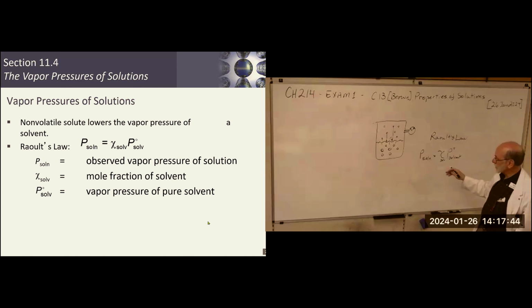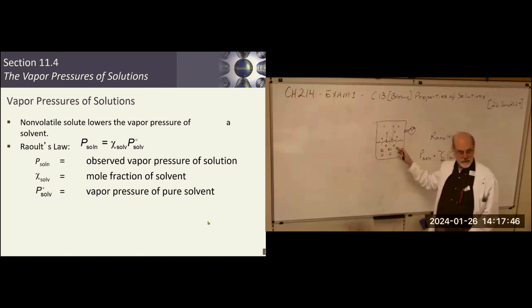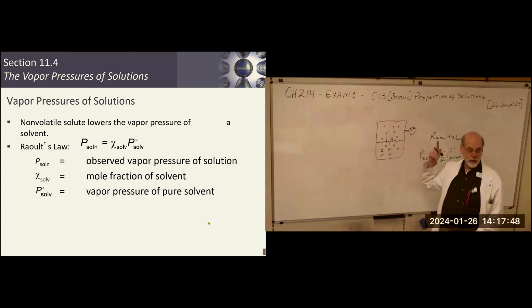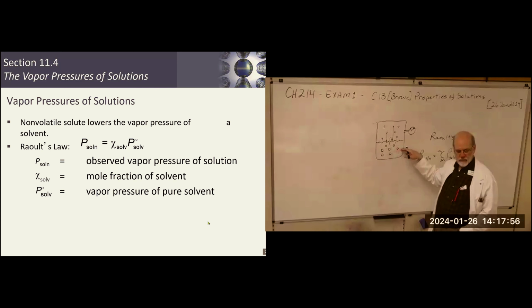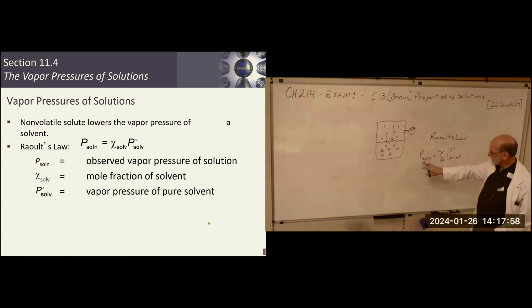So if you know the mole fraction, it's going to be less than it was in pure. Pure is going to be mole fraction of 1. Mole fraction with your solvent in there, your solute, is going to be less than 1. So that means that the pressure of the solution is going to be less than the pressure of the solvent. Multiply that by that fraction less than 1.